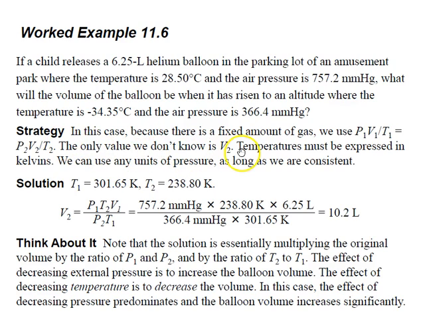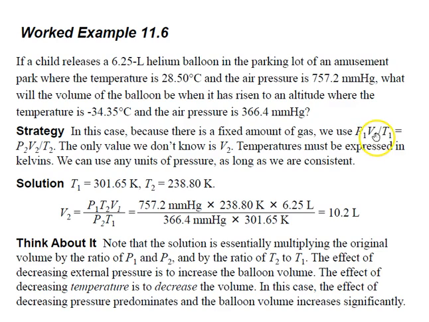The only value we don't know is V2. Temperatures must be expressed in kelvins. We can use any units of pressure as long as they're consistent. So for our solution, what we don't know is the final volume. Everything else is given. We have P1 T2 V1 over P2 T1.